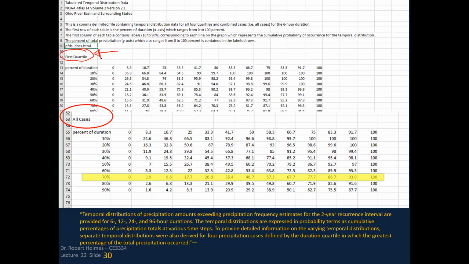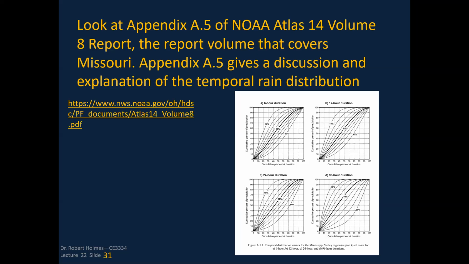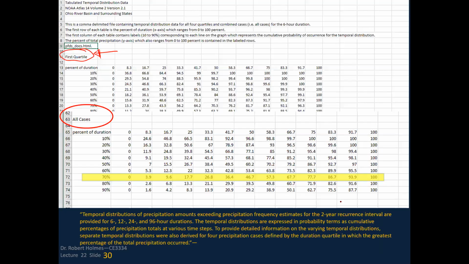If you actually go for the Midwest, I've loaded the Midwest report. Let's see if it's on the next slide. Yeah, you can actually see for Missouri, you can download it, and I've got it on Canvas. It'll explain in Appendix A5 what these different outputs are in the spreadsheet. But it gives you 4 quartiles.